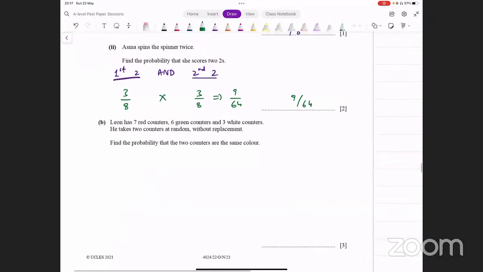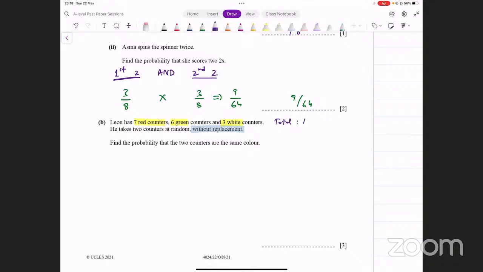Now, Leon has 7 red counters, 6 green counters, and 3 white counters. Okay, so you've got 7 red, 6 green, and 3 white. He takes 2 counters at random without replacement. That's very important. आपने replace नहीं किया. Find the probability that the 2 counters are the same color. Okay. अच्छा, total देख लें कितने आपके पास? 7 6 3, so that's 16 in total.